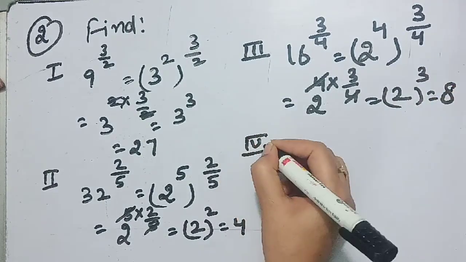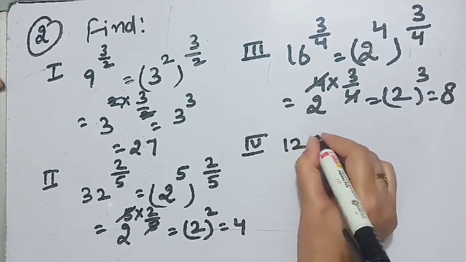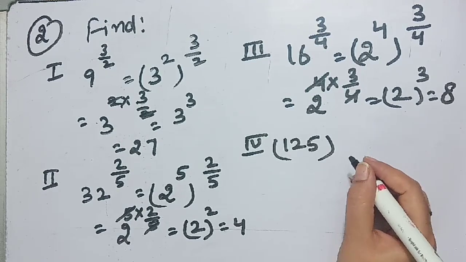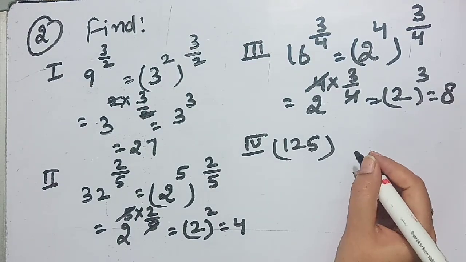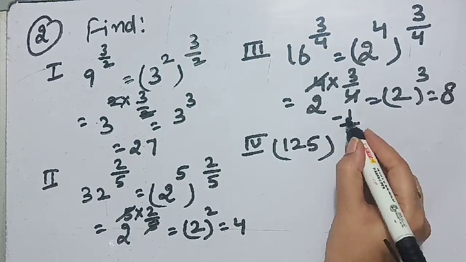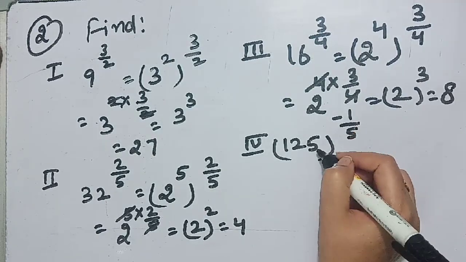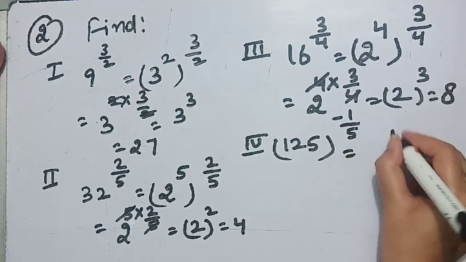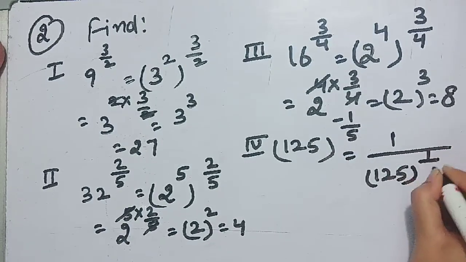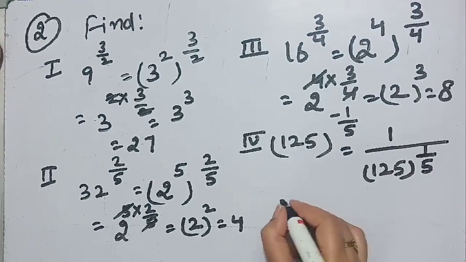Now the fourth part is 125 raising to power minus 1/5. When the power is negative, then the number is written in the reciprocal form, that is 1/125 raising to power 1/5.